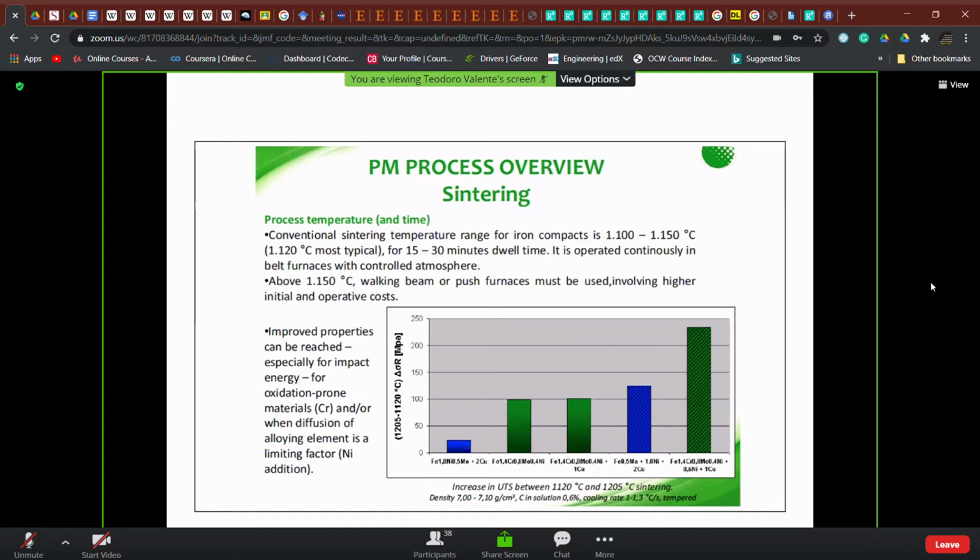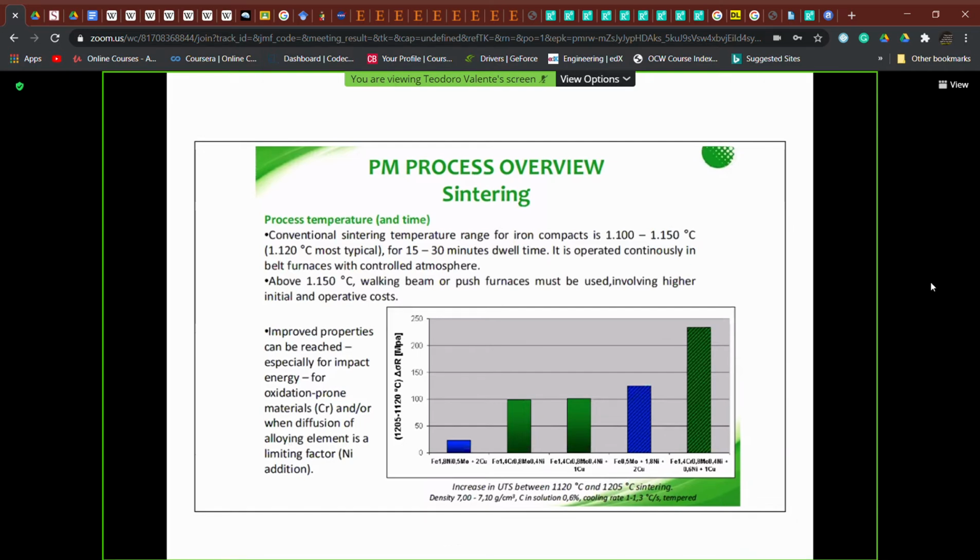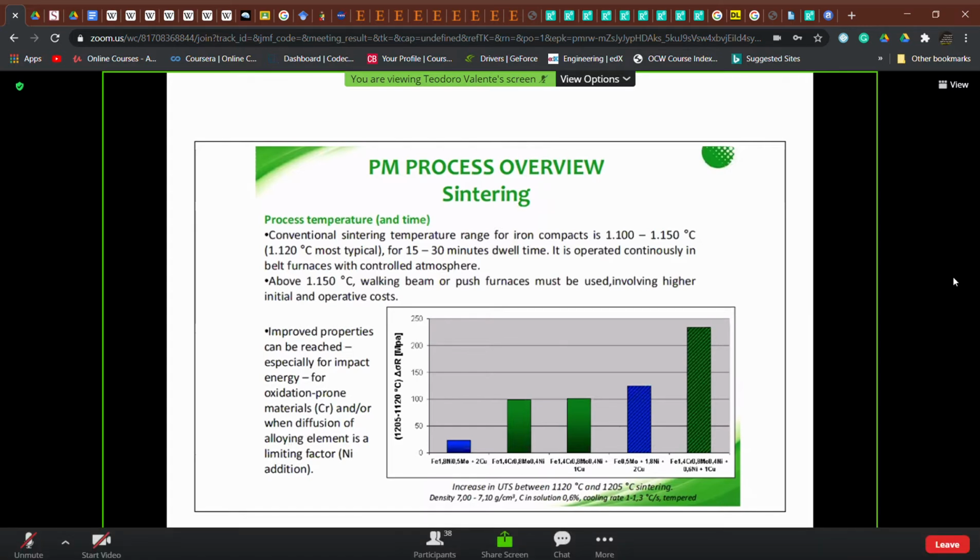This process, if you remember, solid state diffusion, just let us recall it. Solid state diffusion is governed by two laws, the so-called Fick laws, there are two, classified according to the steady state or unsteady state situation.